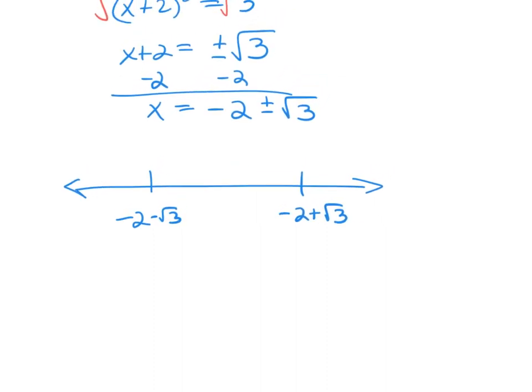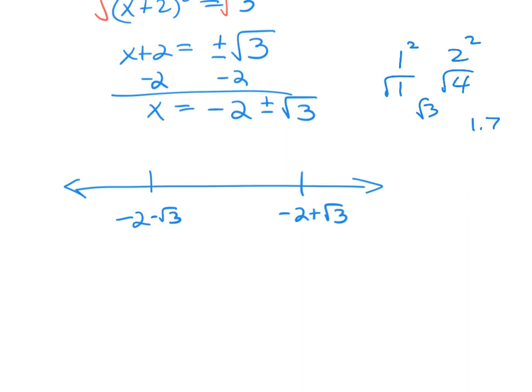If you think about it, your perfect squares are like 1 squared, 2 squared. 1 squared is 1. So I know that the square root of 3 is going to be less than 2. It's approximately about 1.7.